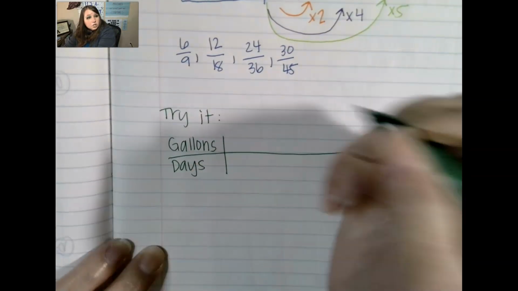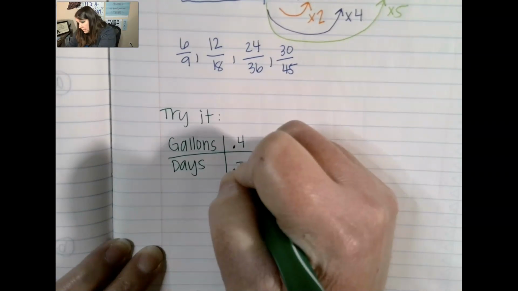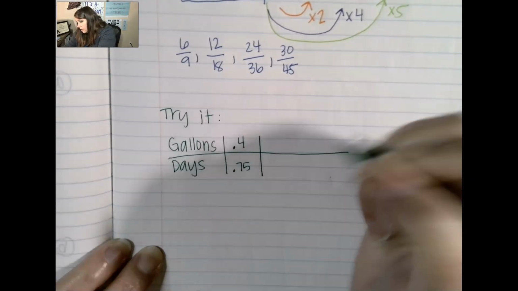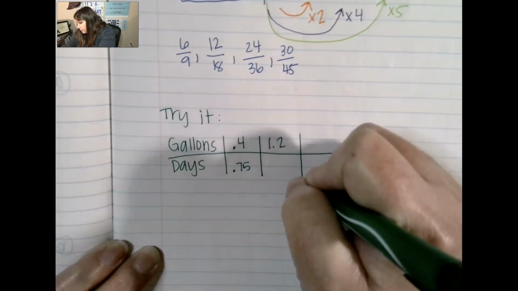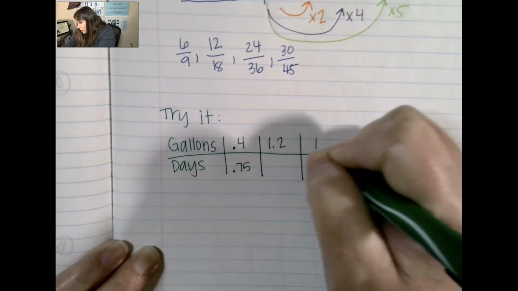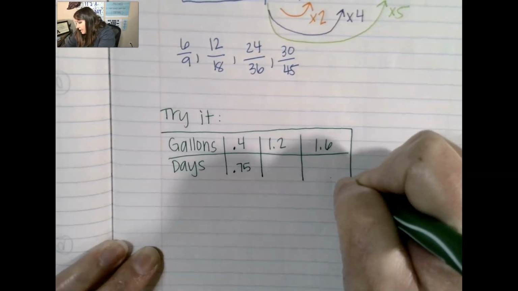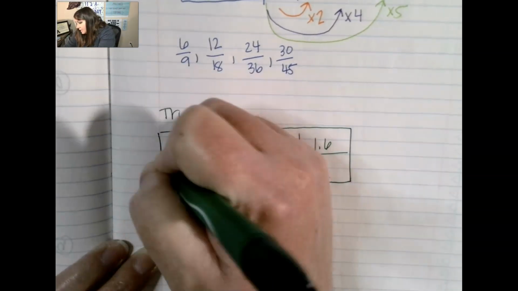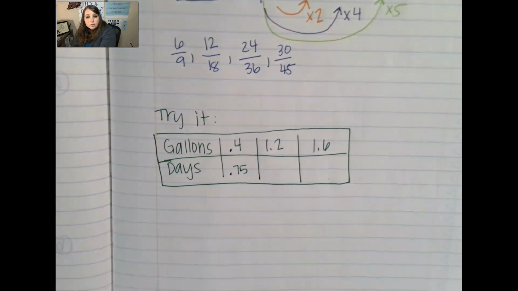Initially you have 0.4 to 0.75. You're going to want to use a calculator for this. Then 1.2 and 1.6. Go ahead and fill in the missing days and then tell me the equivalent ratios. When you're done, go ahead and hit play so you can check your level of understanding.